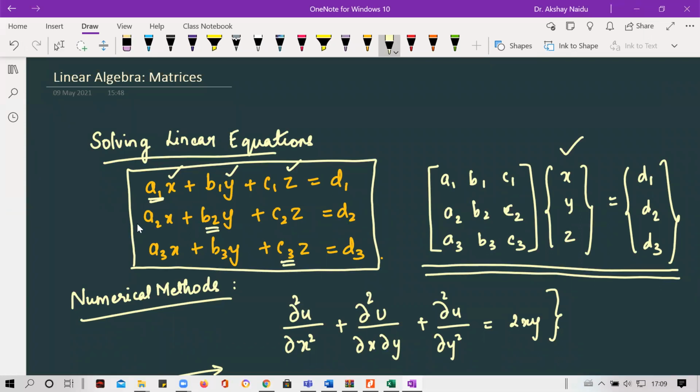Generally, when you try to solve an equation, we try to keep this term as it is and make the coefficients of y and z 0, so that you will find x. Then for the second equation, we adjust in such a way that other than this term, we make the other two coefficients zeros. This is the Gauss-Jordan method that we do.